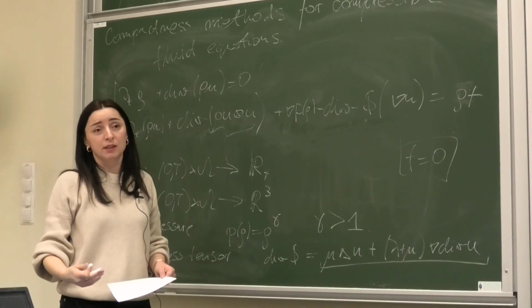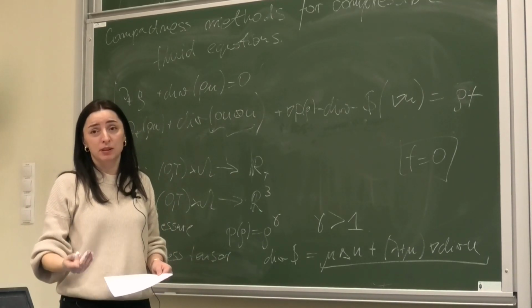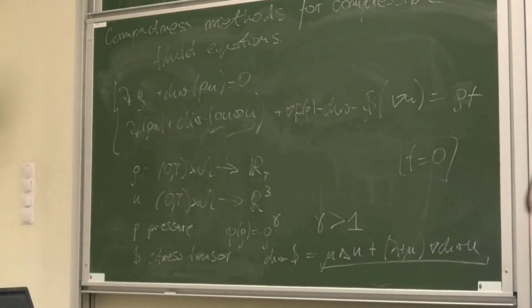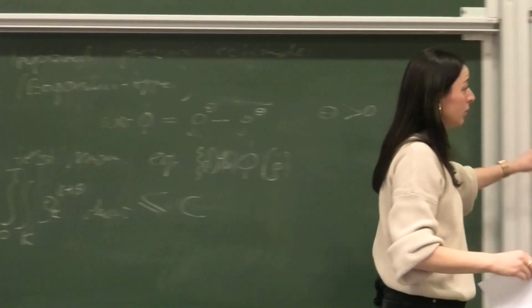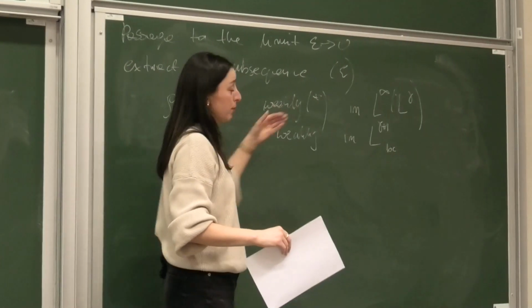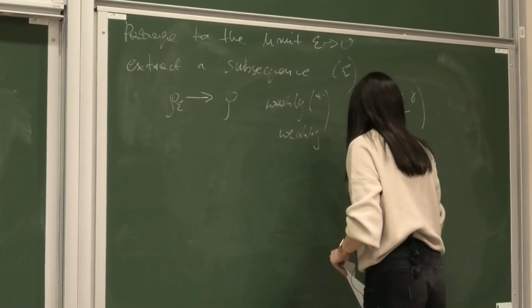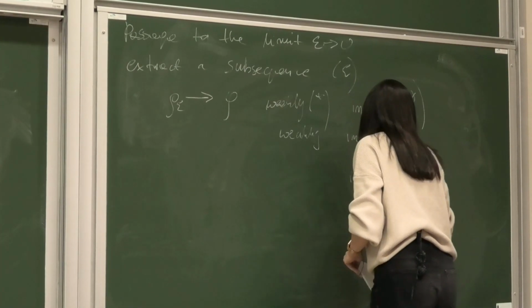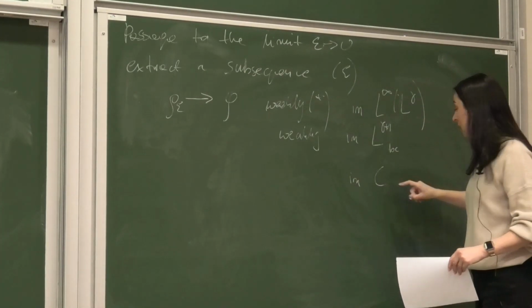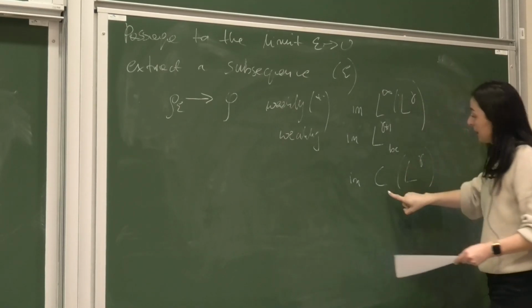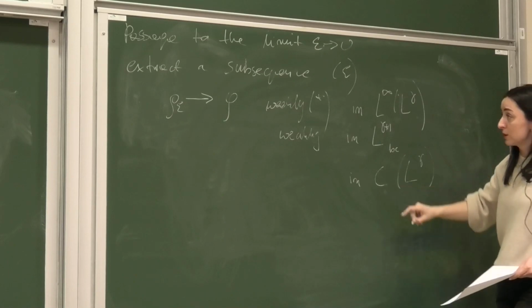And if I have the time derivative of the density bounded in the dual of a space in which I have my L infinity norm of density bounded, I can improve this convergence to convergence in C with respect to time in, let's say, L gamma for the moment. But of course, it's not a strong convergence. Okay.